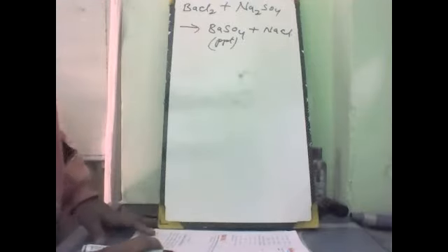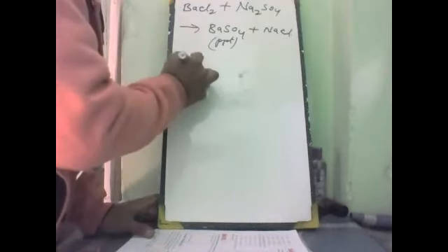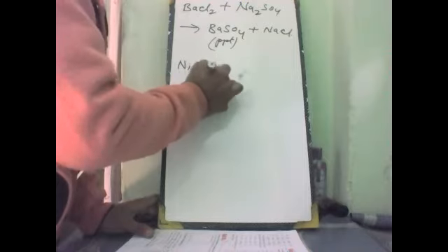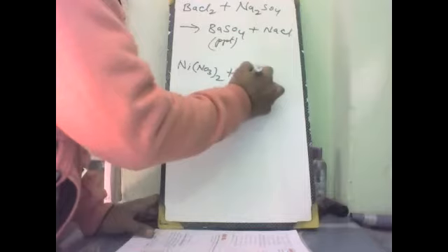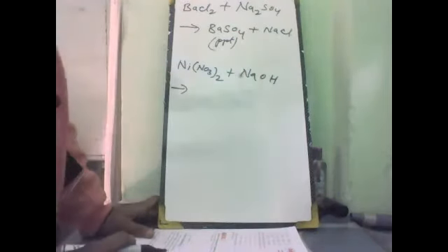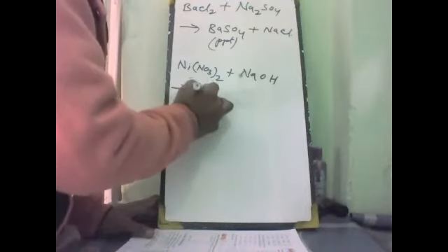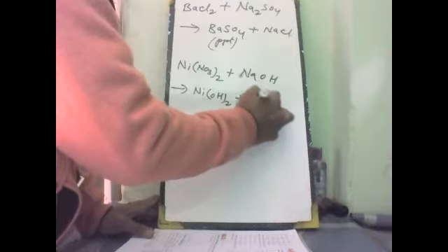We can get the barium sulfate precipitate in the solution. Another example of double displacement is nickel nitrate, Ni(NO3)2. Nickel nitrate reacts with sodium hydroxide and forms Ni(OH)2 and sodium nitrate.